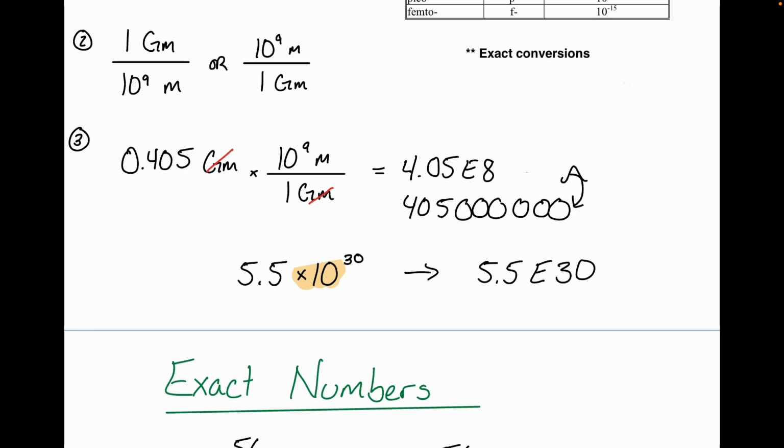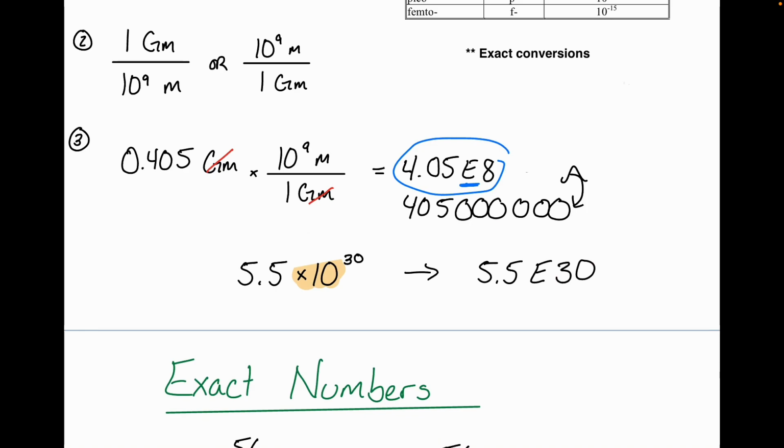The other thing is that your homework system would accept either scientific notation or standard notation, okay? If you have a really big number or a really little number, oftentimes it's more convenient to represent that in scientific notation, and you would use that capital E format, okay?